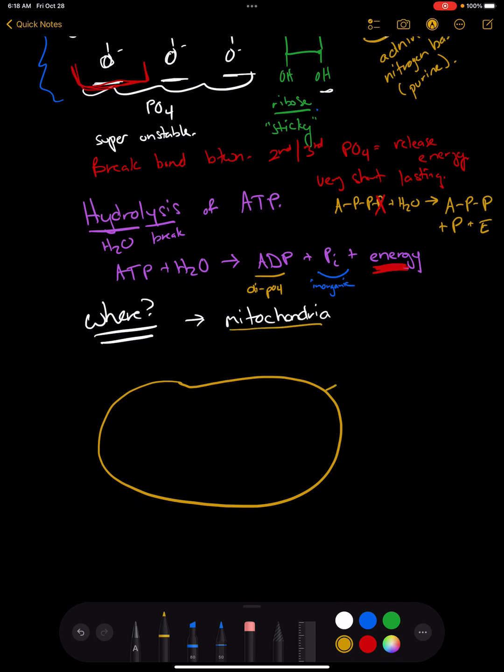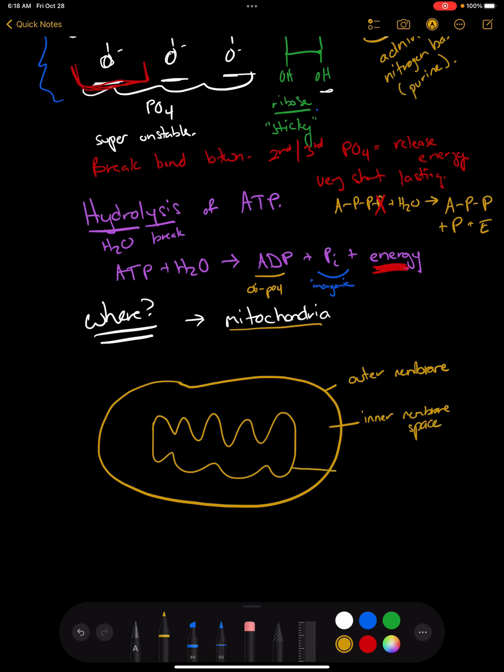This yellow line right here, this is my outer membrane. And then, as we've always drawn, here's that stuff in the middle. So the outer membrane is very outside. Then all this empty space is called the inner membrane space.